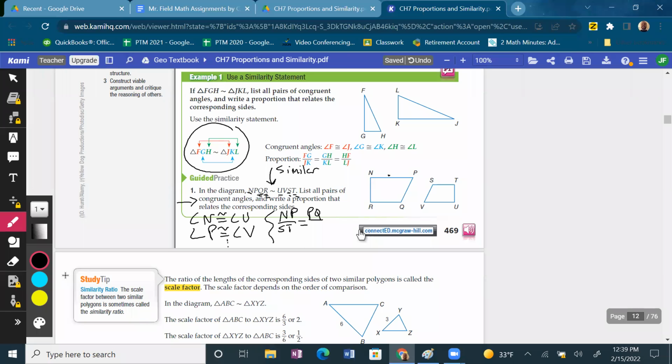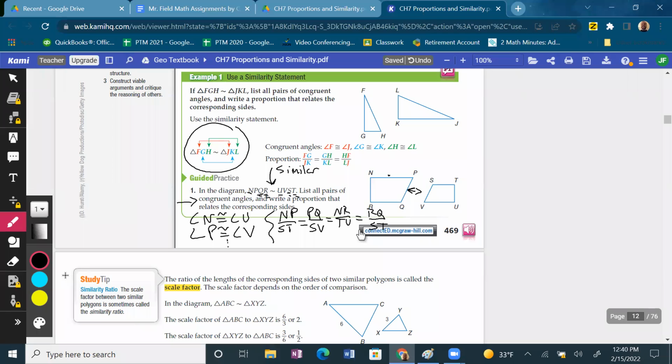Oh, SV. Notice these are corresponding sides. And NR can be divided by TU, and RQ can be divided by ST.